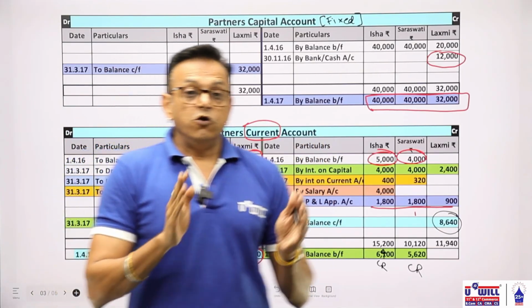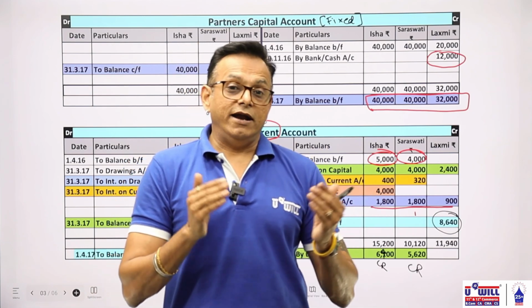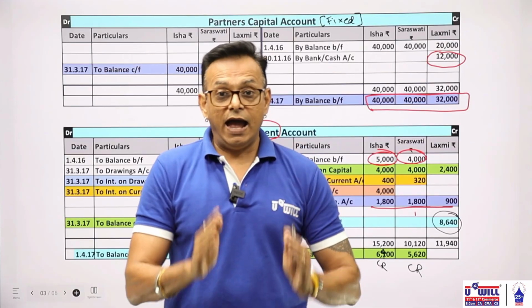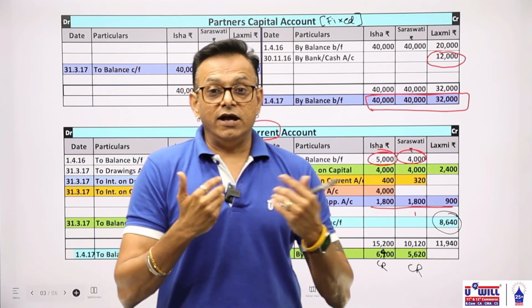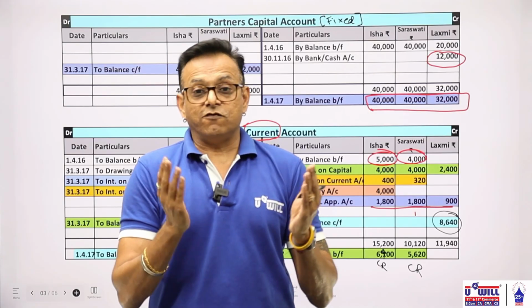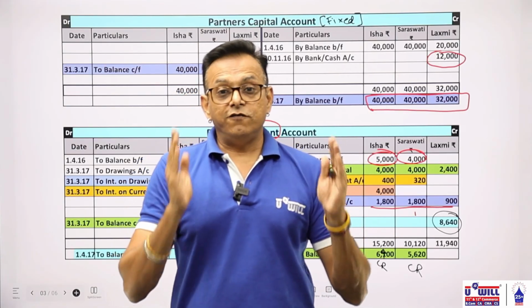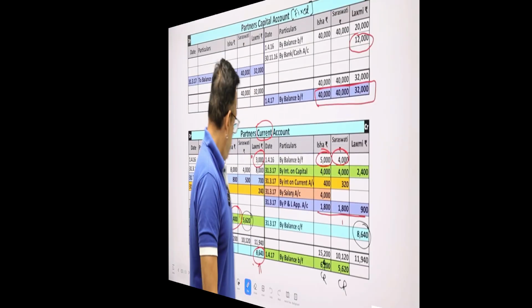I hope you have understood how these two methods are different, what the advantages or disadvantages of each method are, and which one is a better method. In a real-life situation, if you ask me which method we should follow, I would obviously recommend the fixed capital method.